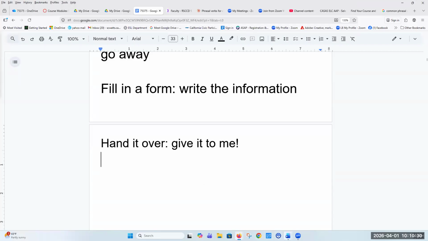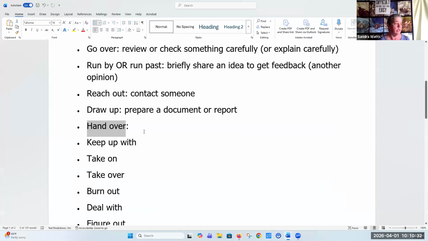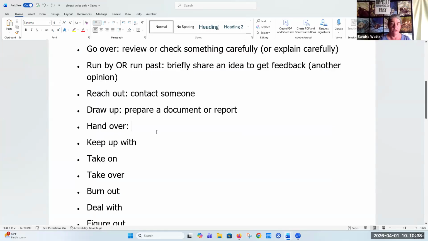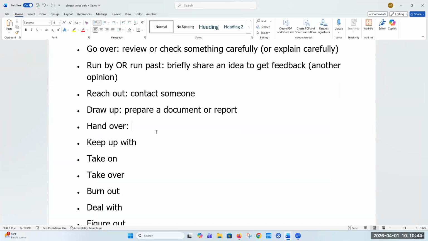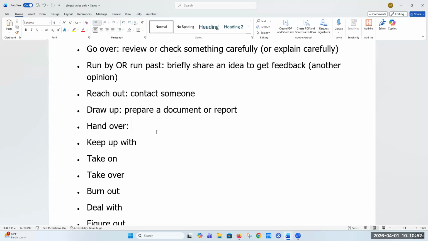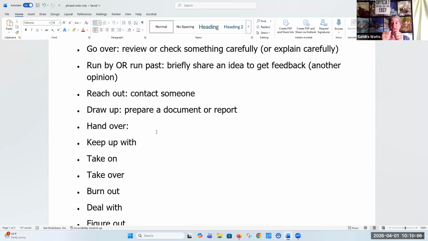Right. But for work, again, if you hand over your work, watch my hands. I'm handing over the work.